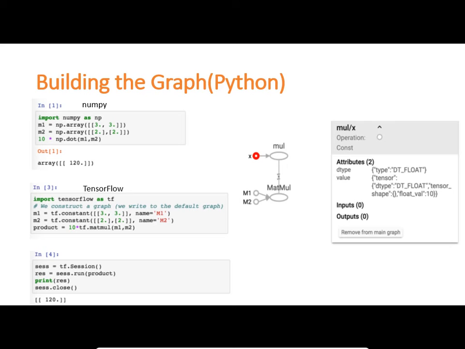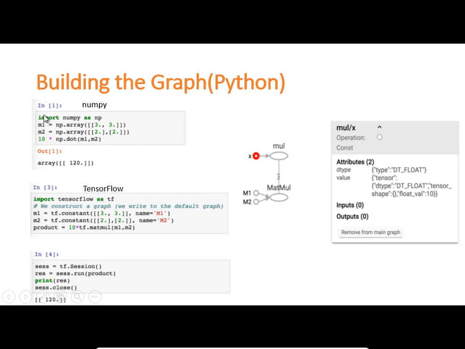And here is a very simple example of how to use the data flow graph to do matrix multiplication. The top one is in NumPy, and the one below is TensorFlow.